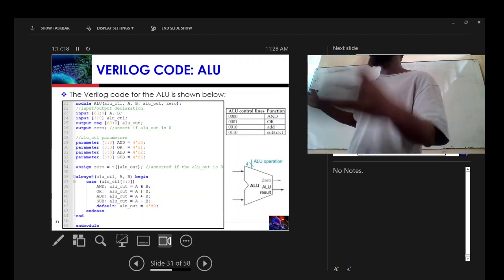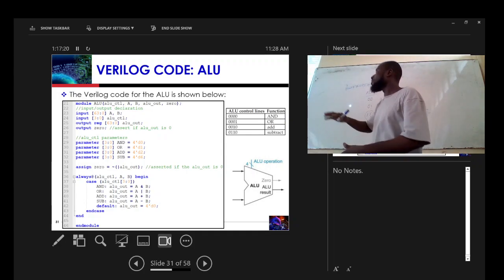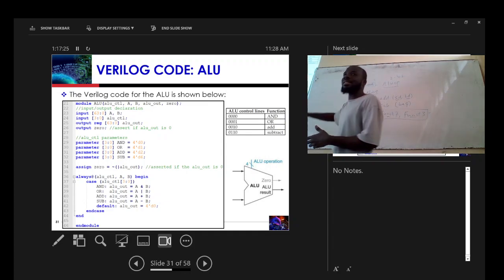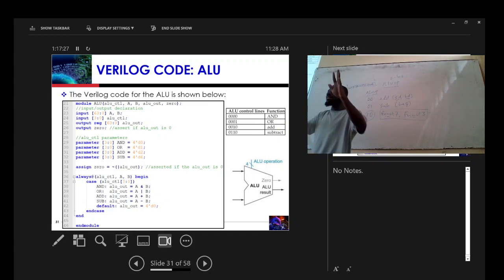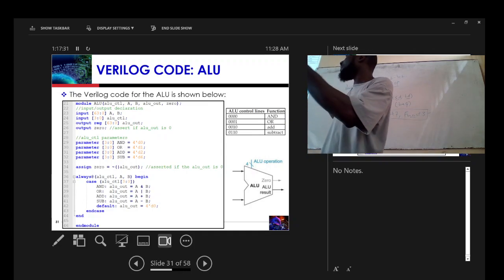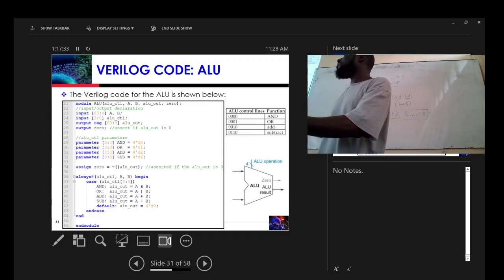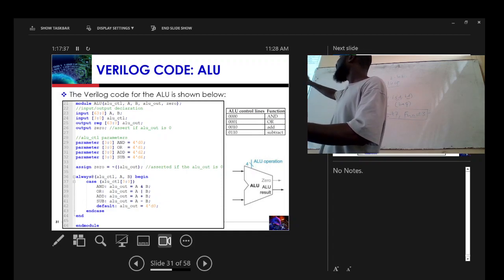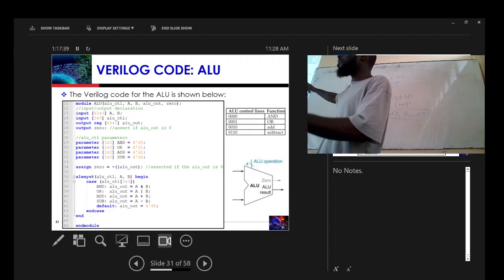So now we go to the codes for each of the components. I'm going to go through it quickly, right? So this is the ALU. Pay attention. This is what you are going to be designing, or actually modifying for your mission, right? You guys know what the ALU does.